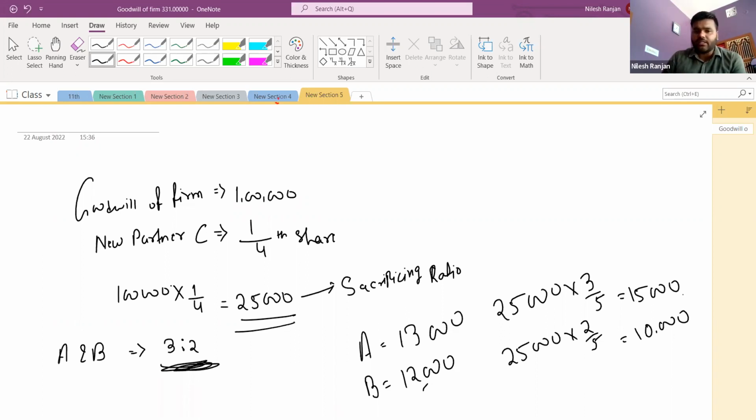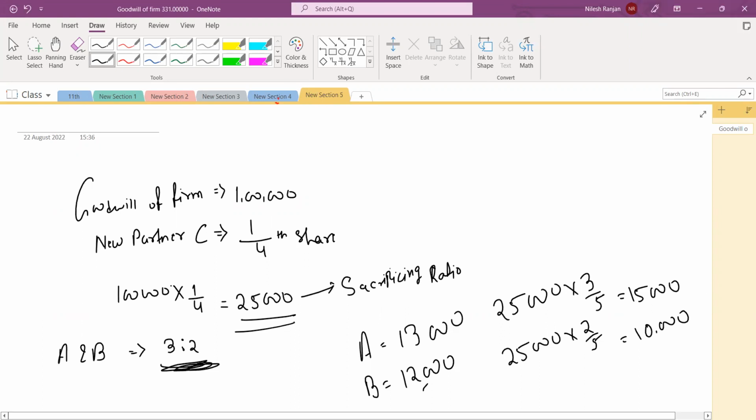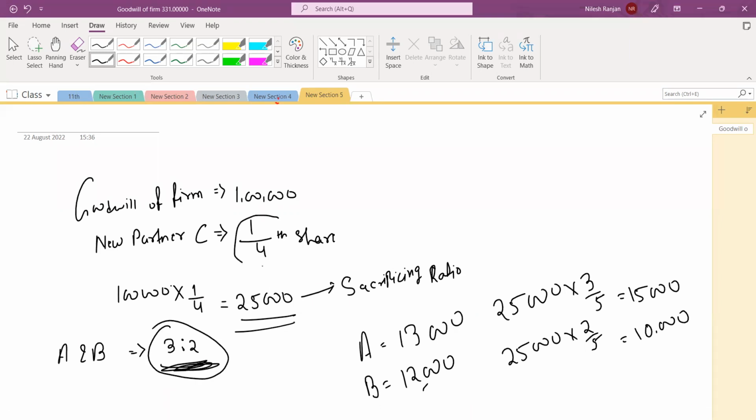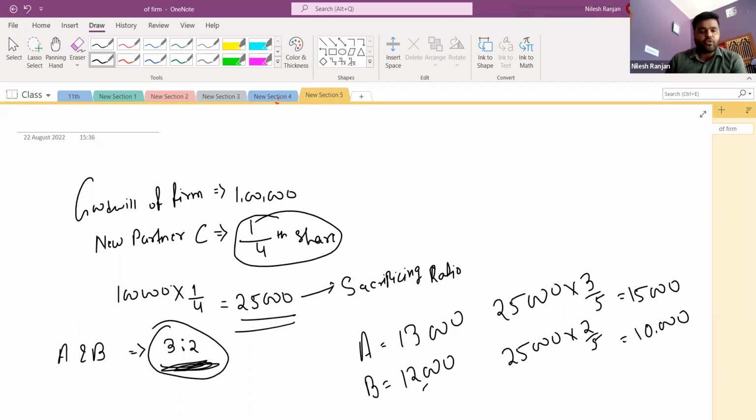I don't think it is different from case 1, because the old ratio is given and the profit share of the new partner is given. So it is case 1.